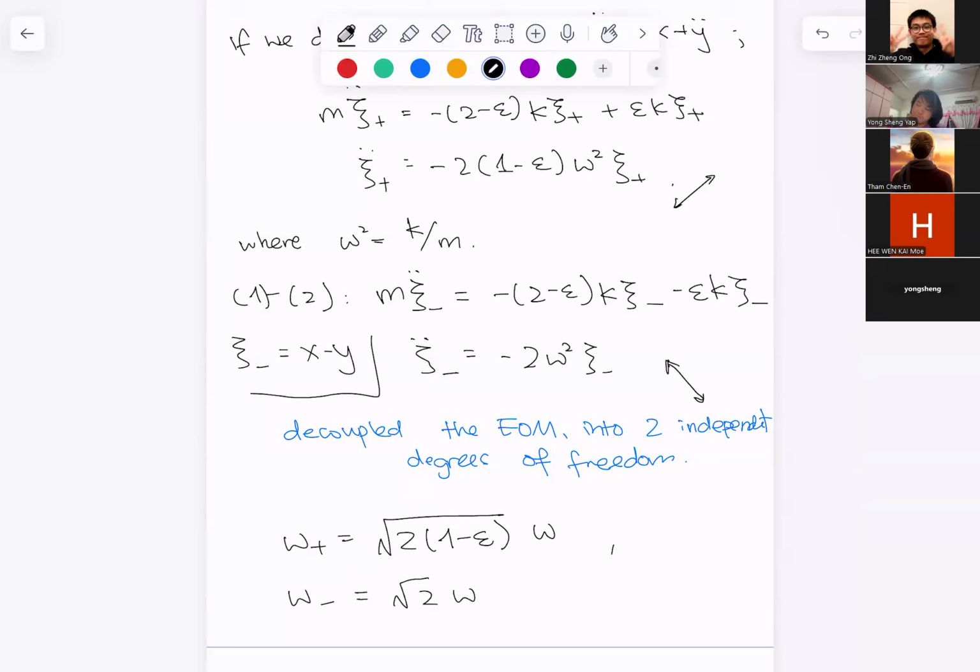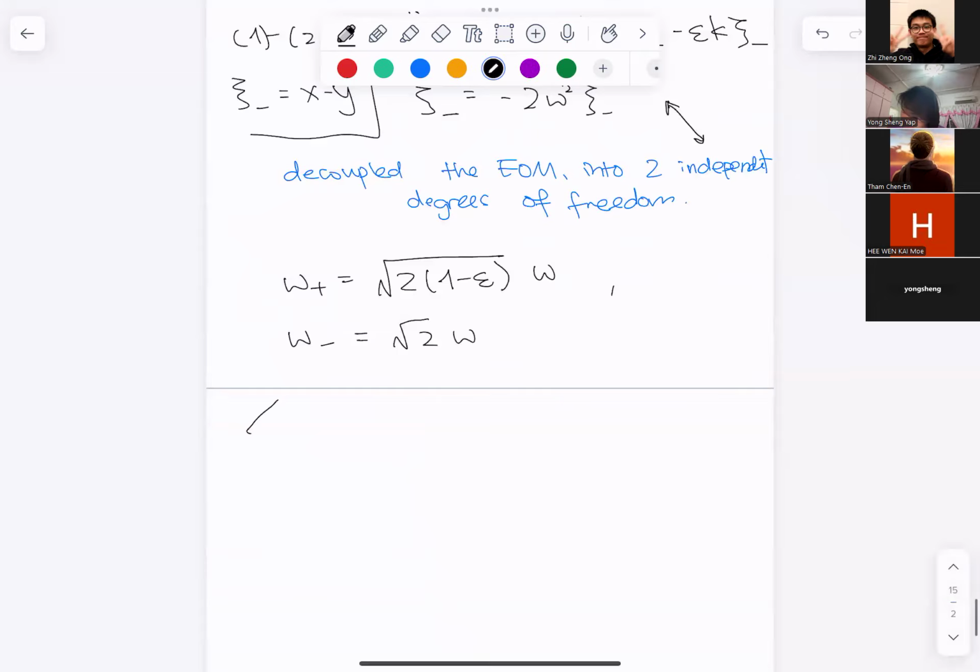Okay. So from physical insight, you know that sometimes you have just chosen a very bad way of understanding the system. And if you chose a better way of understanding the system, you get equations of motion that are decoupled. And what happens is that, if I just displace this block, so for example, this is the equilibrium position.